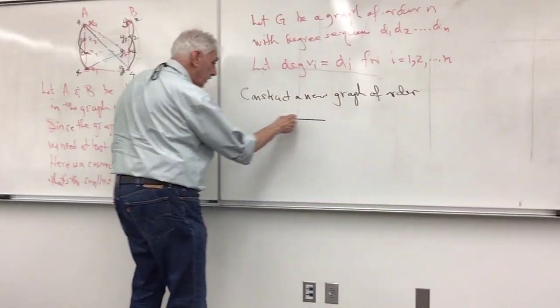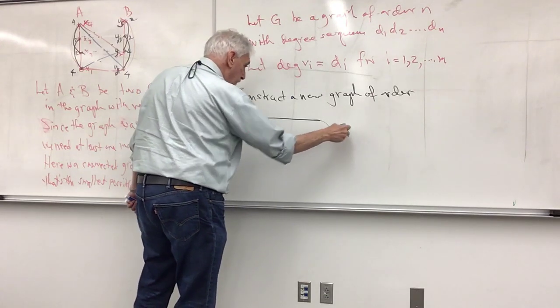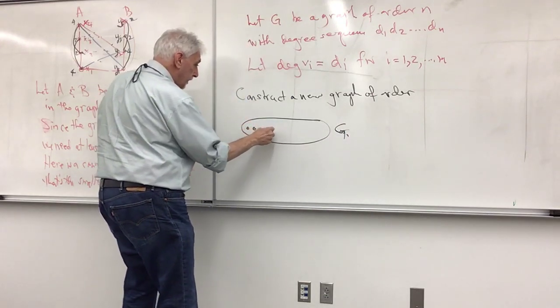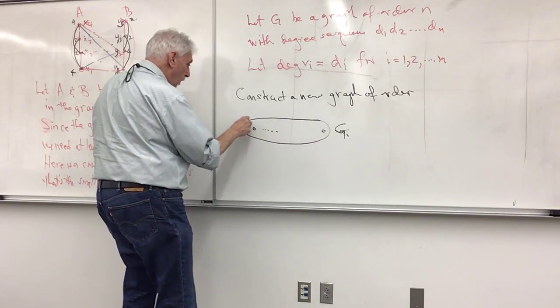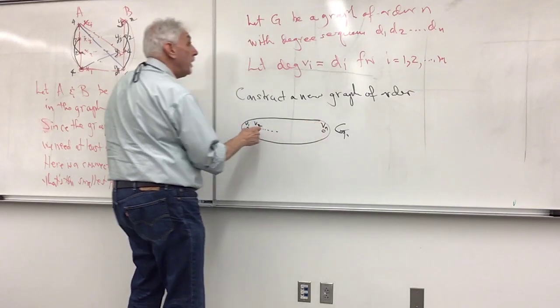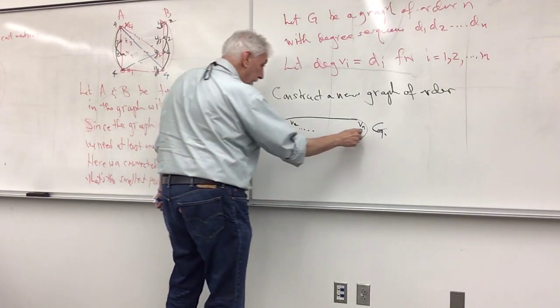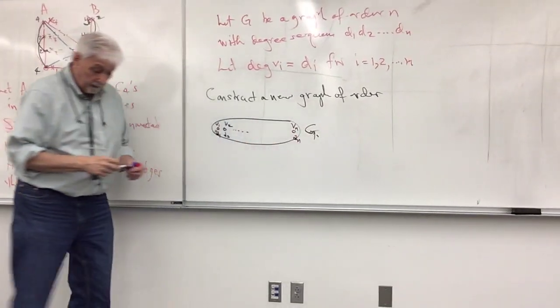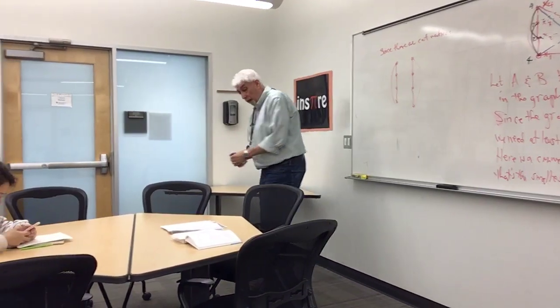Here's G, and here are the vertices V1, V2, up to Vn with degrees D1, D2, down to Dn. What's the total number of vertices I need in this graph?